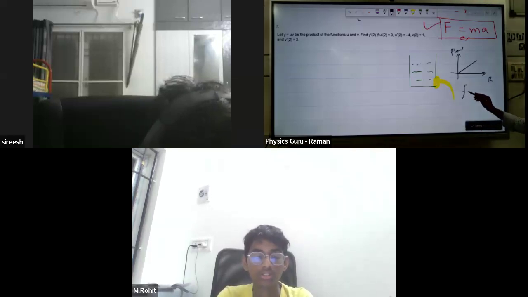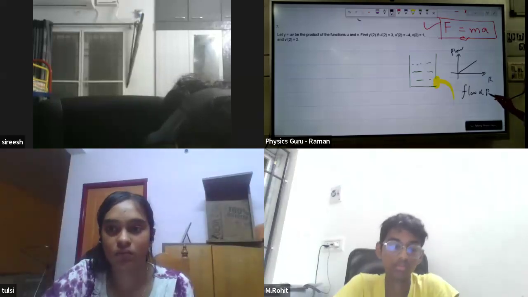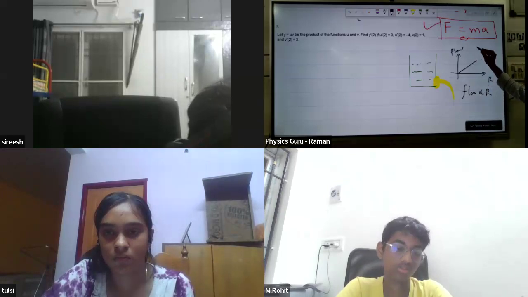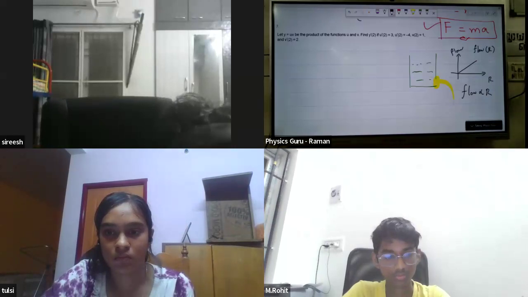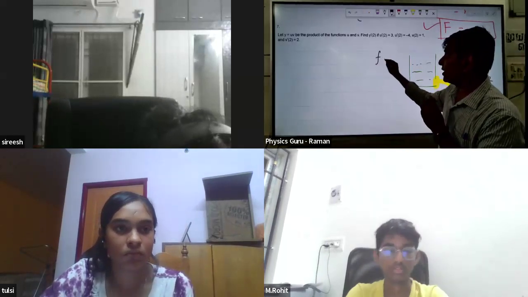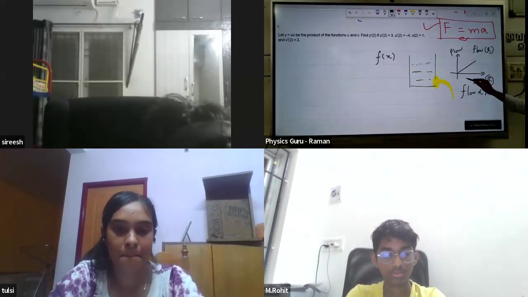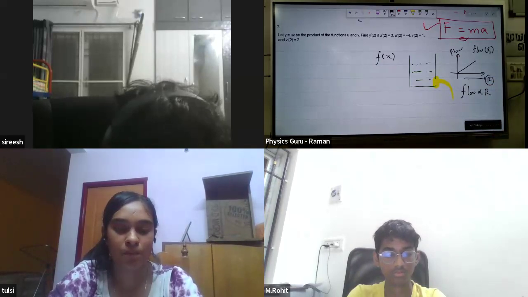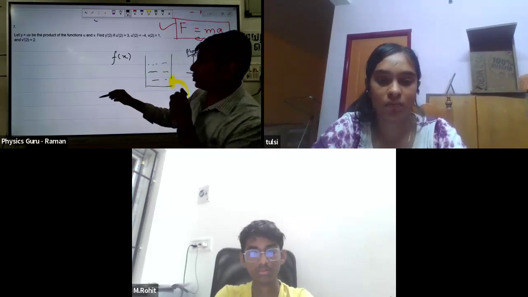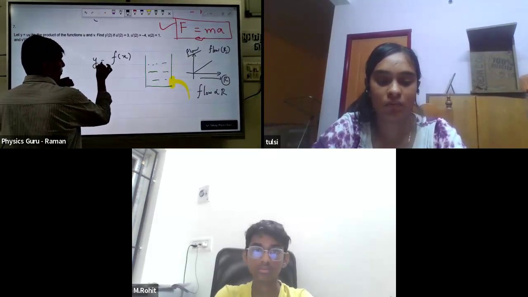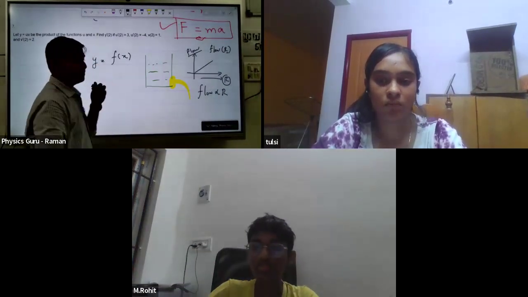So, can I write flow depends on radius? I can say flow is a function of radius. This is what we generally call f of x, because here you have taken the radius along the x-axis. Flow is written on the y-axis. So we generally write the quantity on the y-axis, y is equal to f of x. This is what the meaning is.